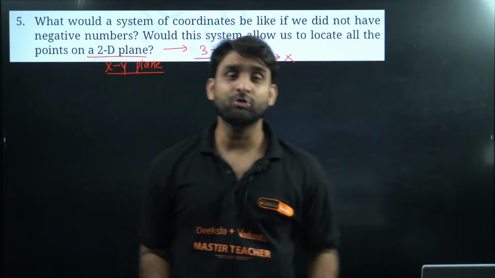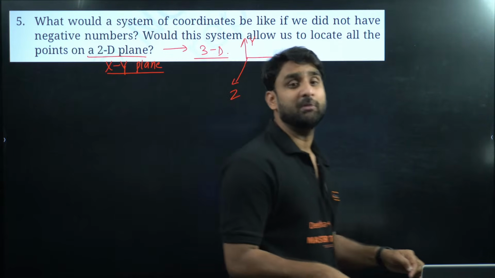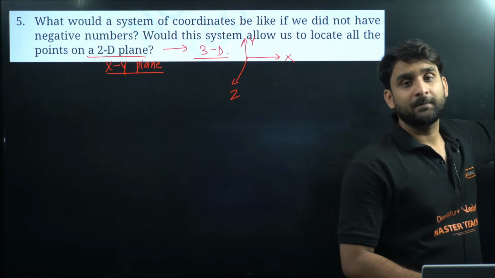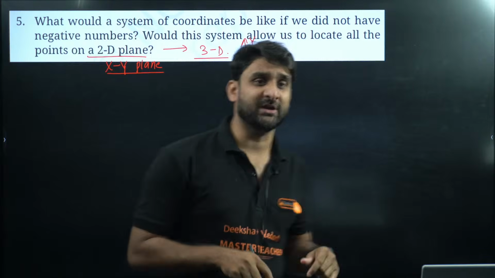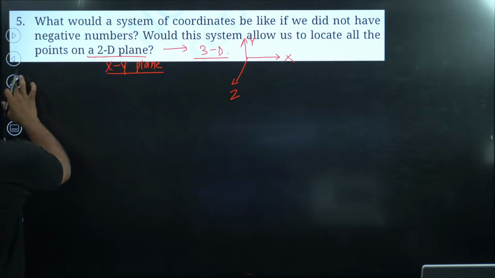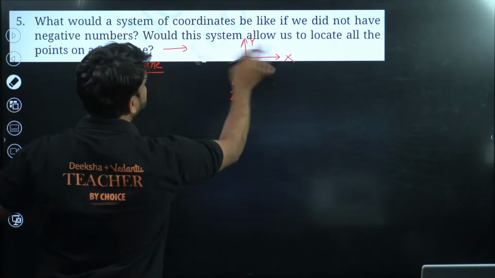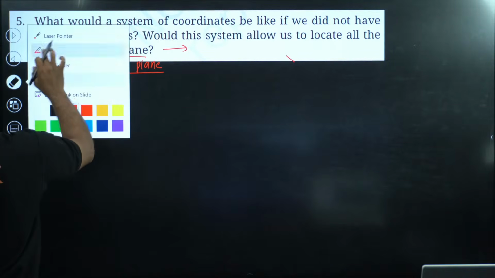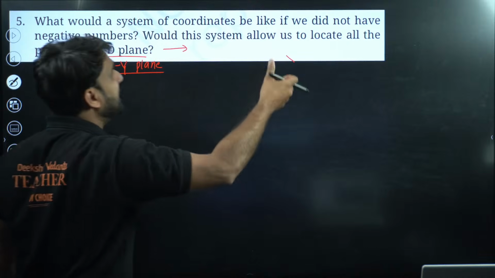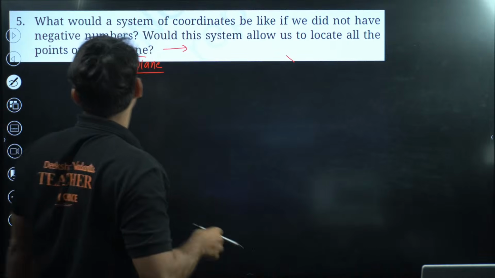So the entire room is 3D plane, but the floor is 2D plane, the wall is 2D plane. But here in this question we are talking about 2D plane. So the question is, listen, what would a system of coordinate be like if we didn't have negative numbers?